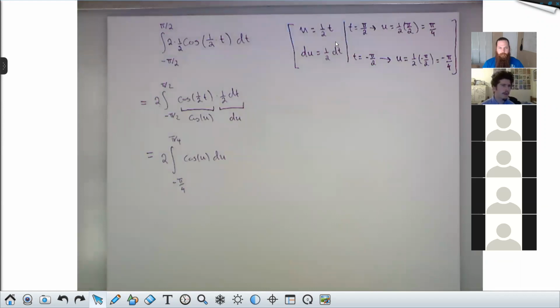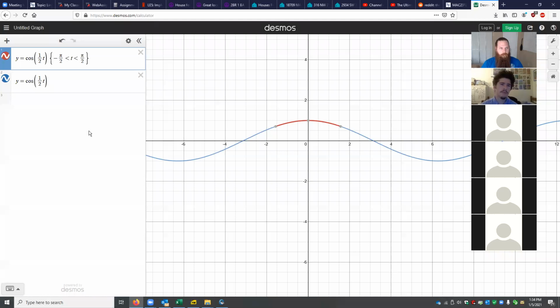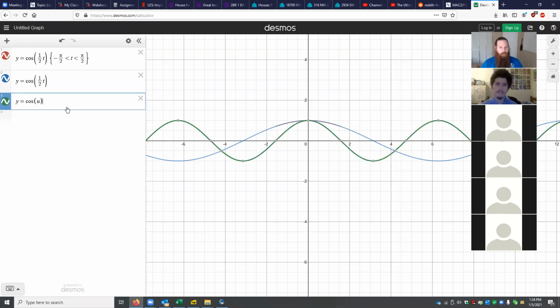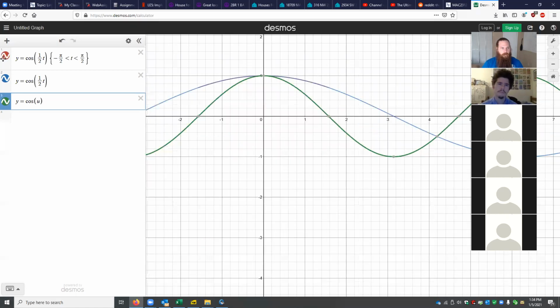Why do we need new bounds? Another good question. So if we look at the graph of regular old cosine, here's the green graph. If I integrate this guy from negative pi over 2 to pi over 2, I'm going to get a totally different area than I would integrating the blue guy from negative pi over 2 to pi over 2, right?